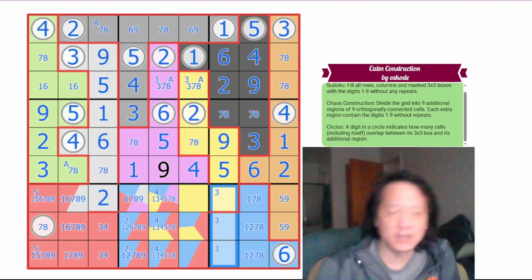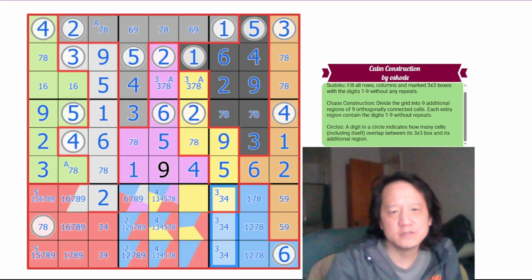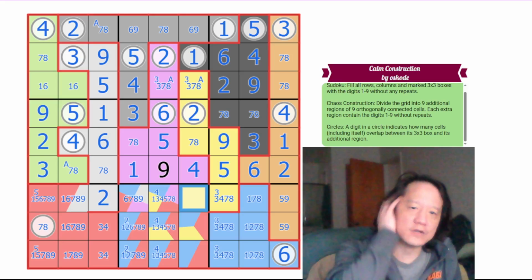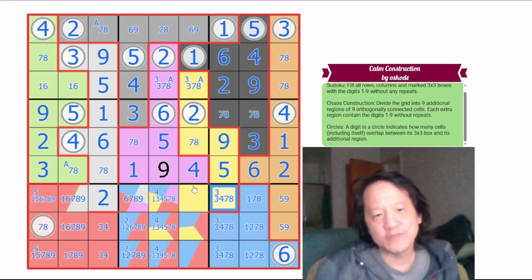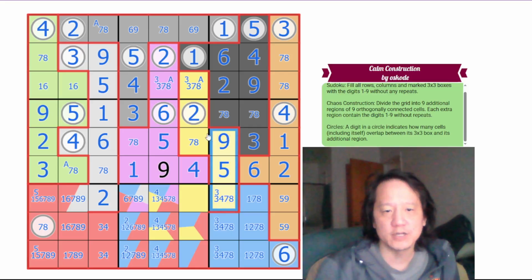Remaining digits in column 7. We have 3, 4, 7, 8. And yeah, 3, 4, 7, and 8. This cannot, well, it could be 3. So we definitely need access to a 1 for the yellow. 1 cannot be here, 1 cannot be any of these.